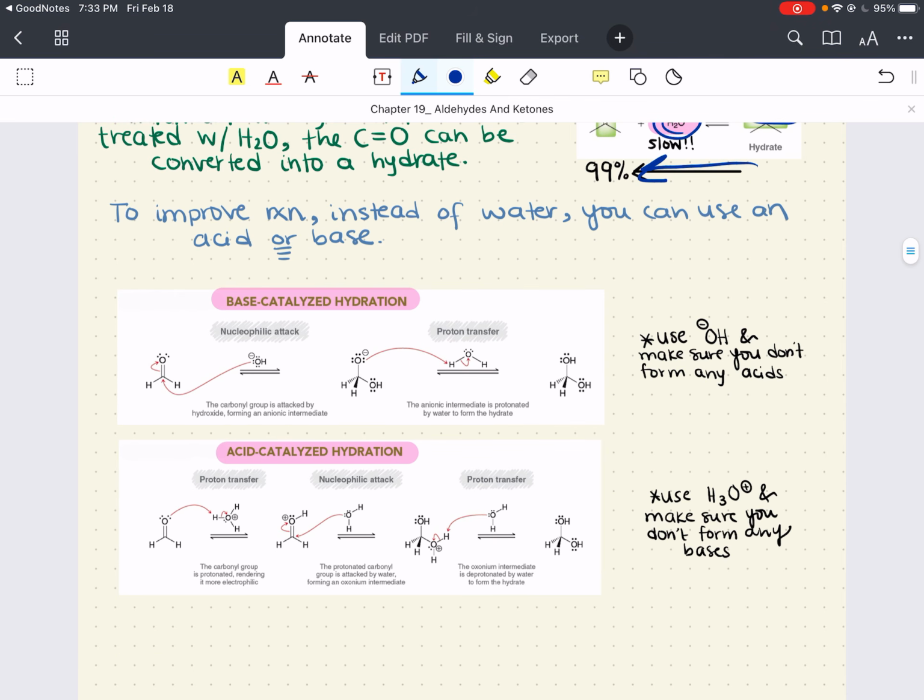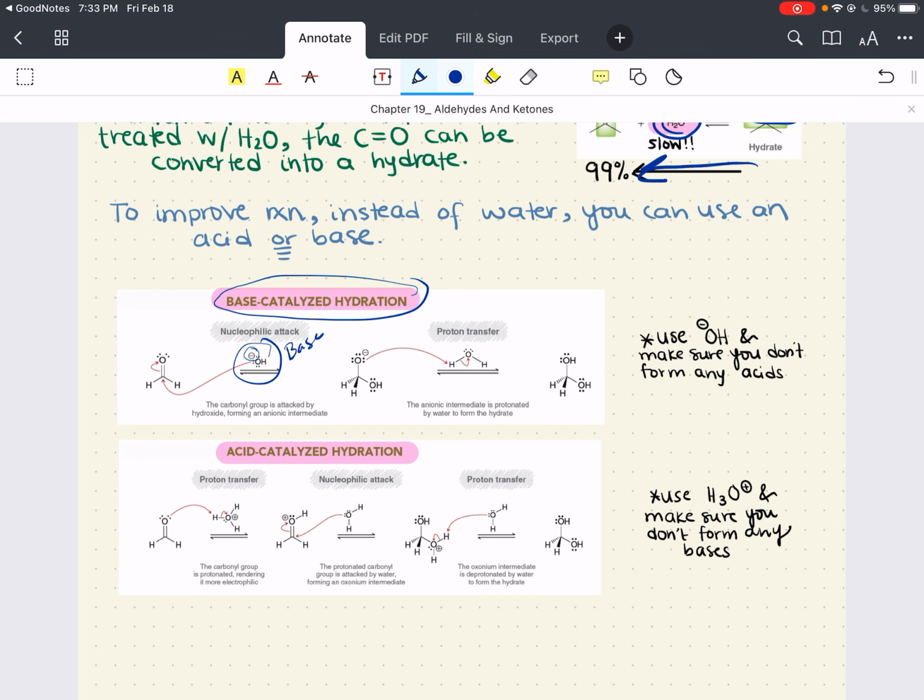So starting off with base catalyzed hydration, we start off with a hydroxide ion. This is a base, hence why this is called a base catalyzed hydration. This is our nucleophile. Look at those electrons just waiting to react and attack an electrophilic site.